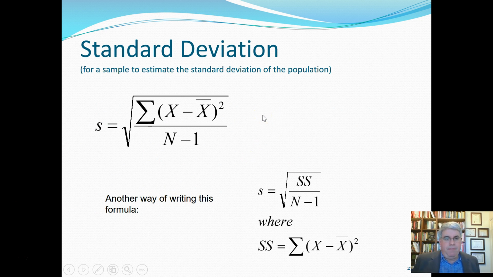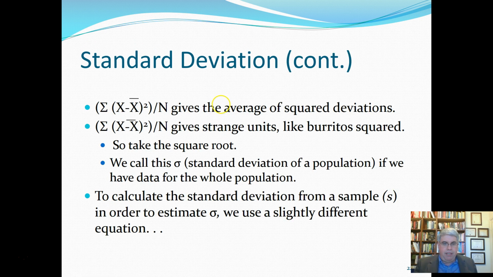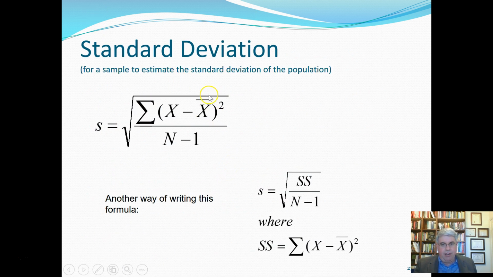So the standard deviation for a sample to estimate the standard deviation of the population is this formula: S equals the square root of the sum of the squared deviations divided by n minus 1. Or sometimes we take that numerator and replace it by the sum of the squares, and we say that the standard deviation is the square root of the sum of the squares divided by n minus 1.